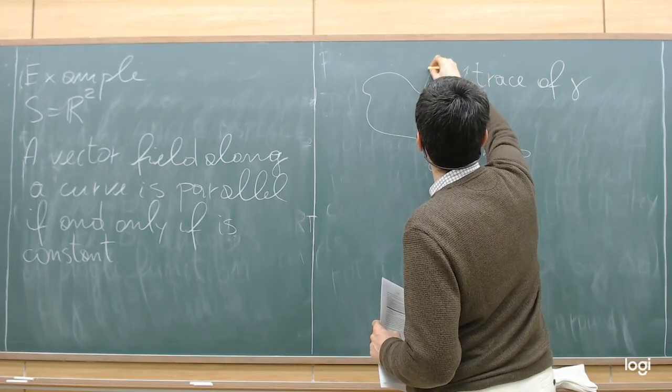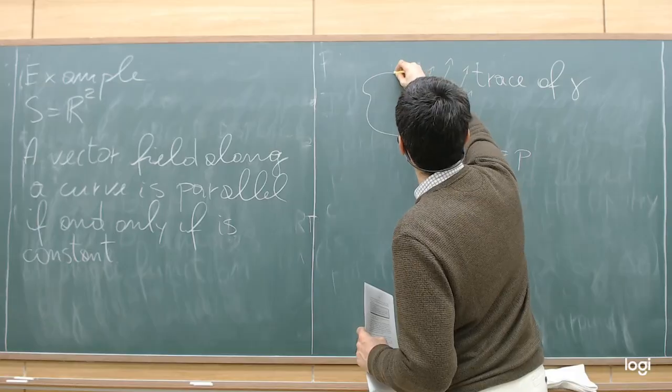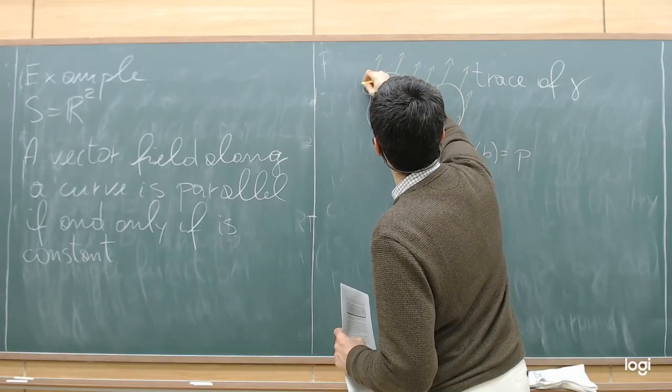Constant means that the vector does not change its direction nor length.